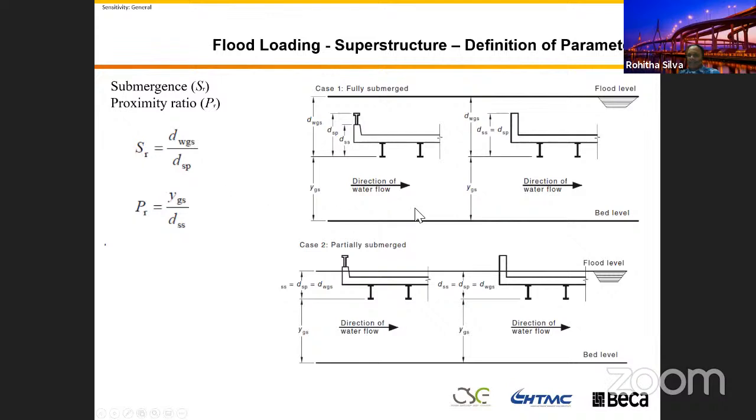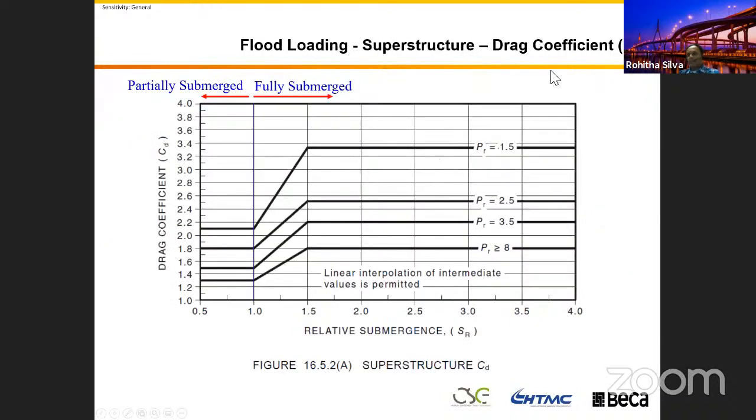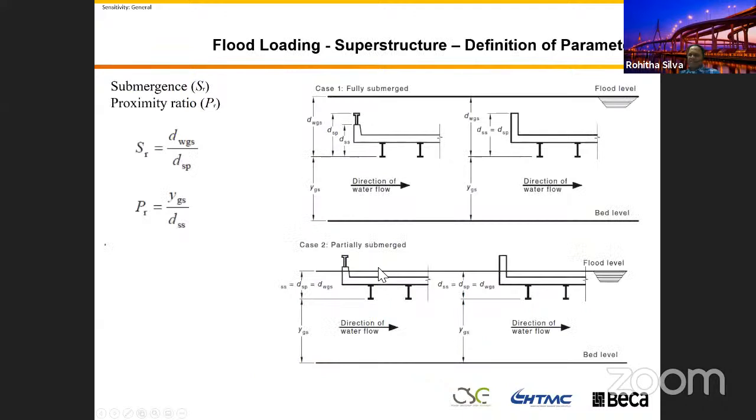You can use these pictures to differentiate when you calculate parameters for a fully submerged or partially submerged bridge. Using those parameters, you can calculate the drag coefficients. I put in here the partially submerged one and the fully submerged one. Depending on the parameters, the drag coefficient increases. You can get a bit of understanding here.